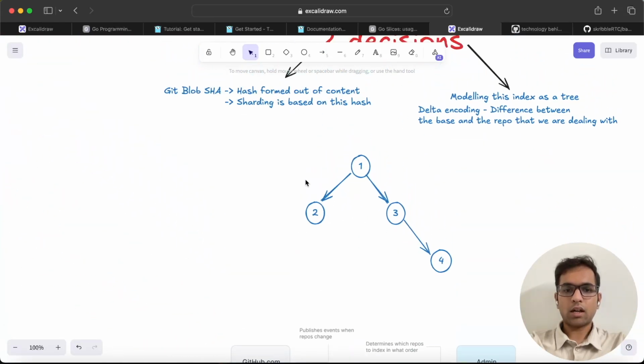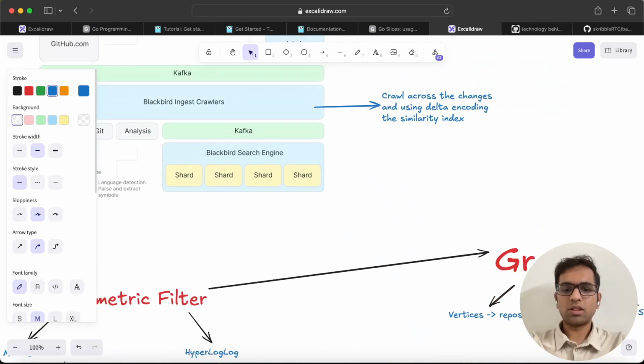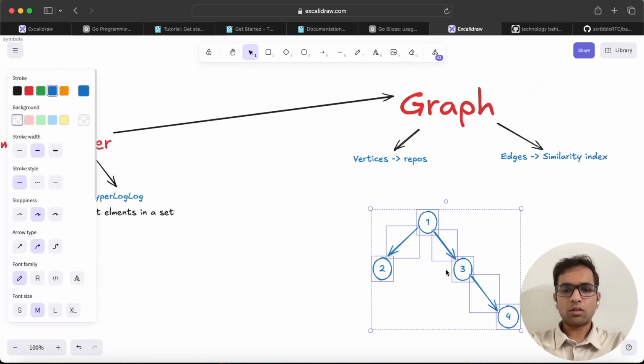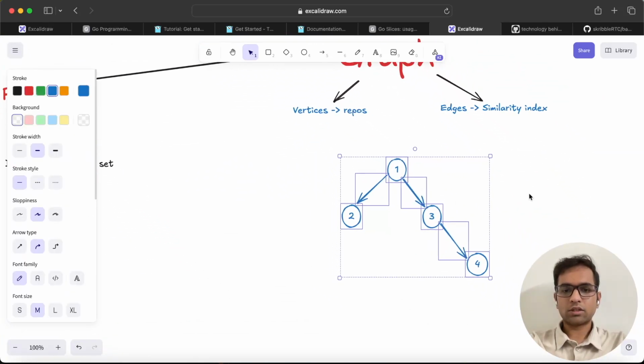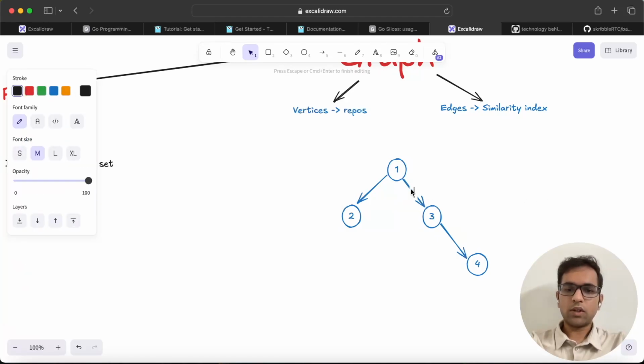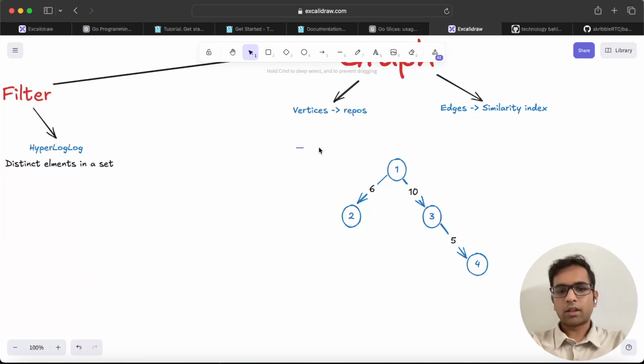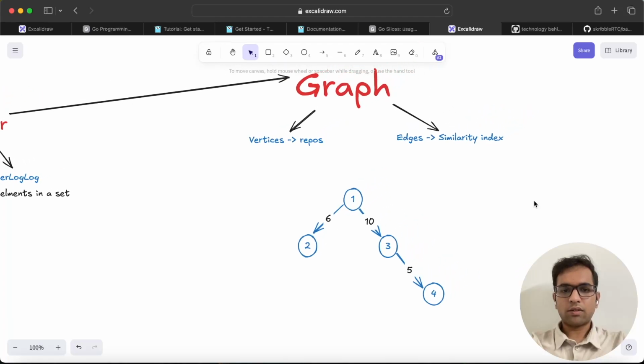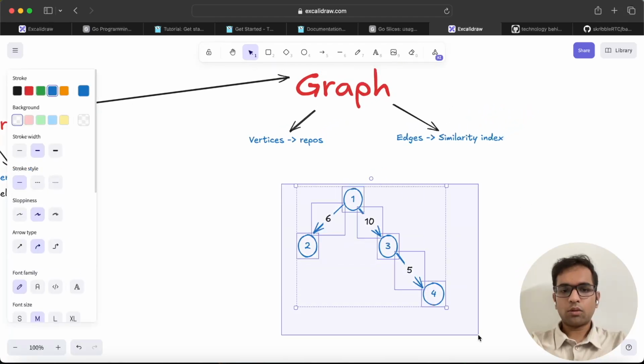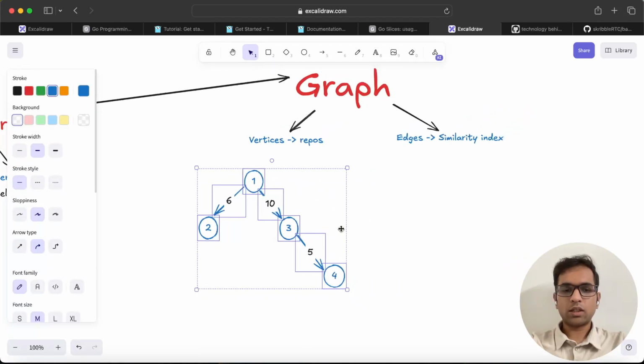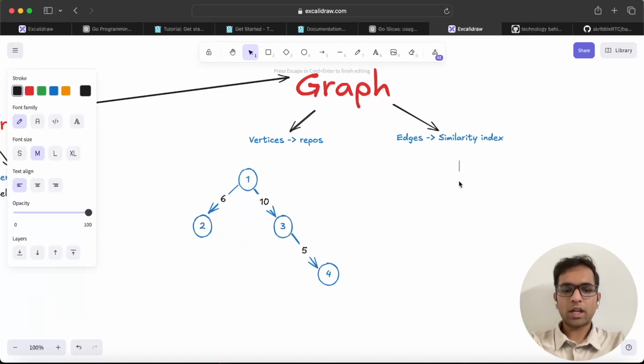So we get a graph of something like this, a very simple graph, but obviously a very complex data structure of this sort. For every edge there will be some weight assigned on the basis of what is calculated by the geometric filter. So this is the graph that we obtained. Now, how are they going to traverse along this?